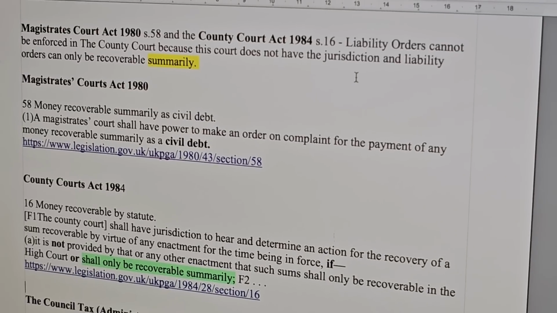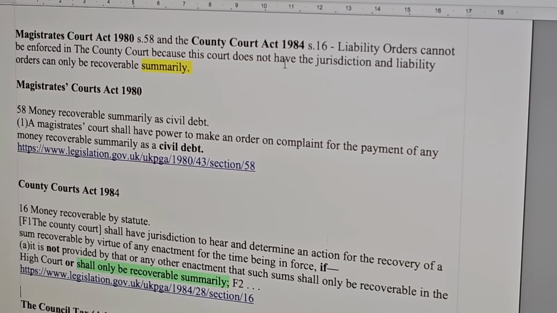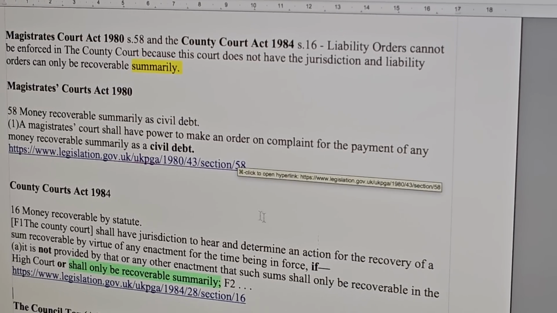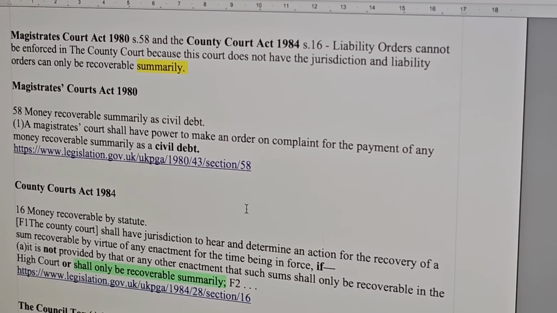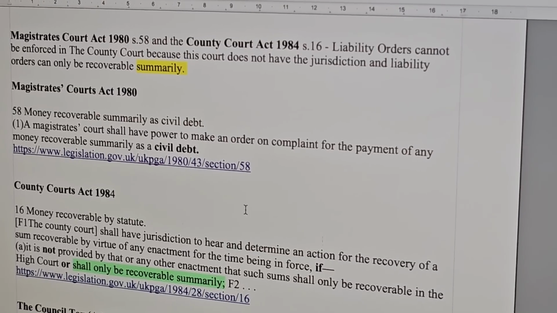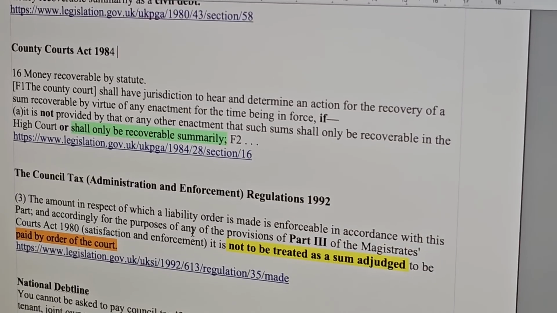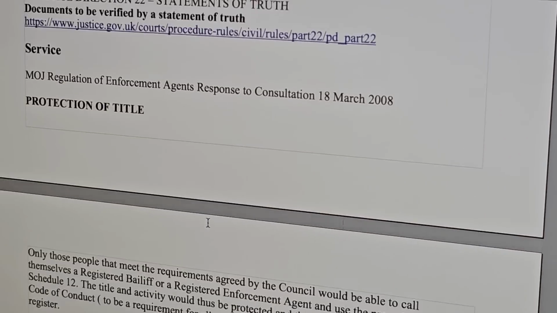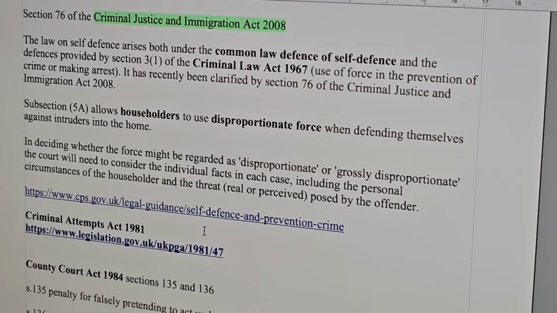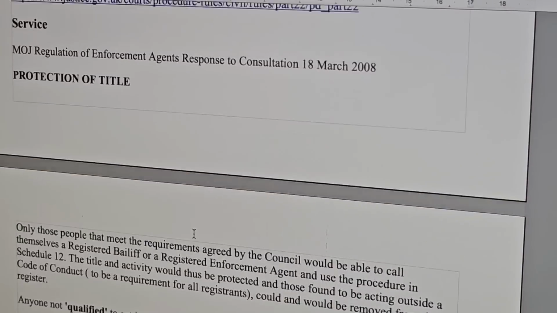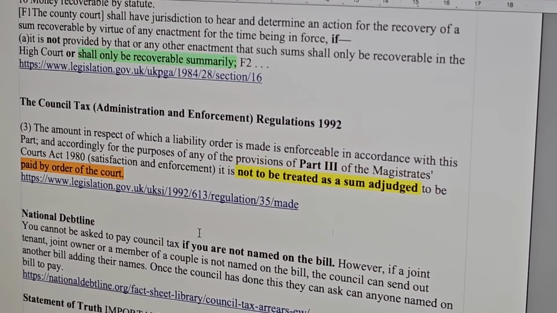Well, the magistrates' courts will say that your liability lies under the Local Government Finance Act. Is it 1992? Yeah, they will.